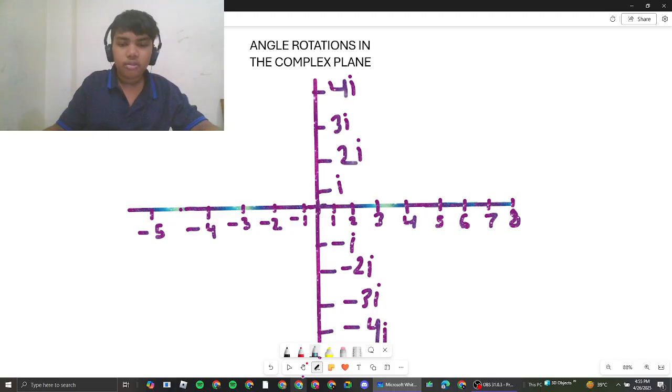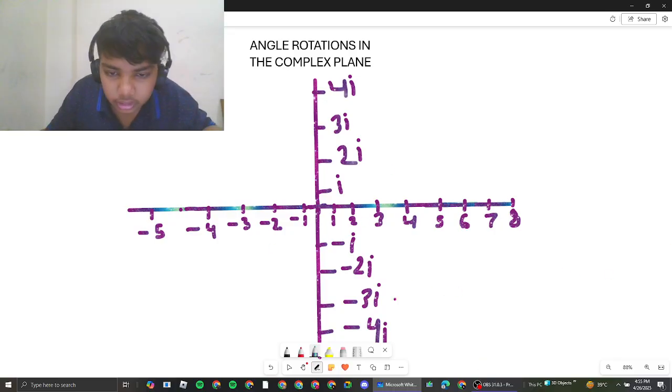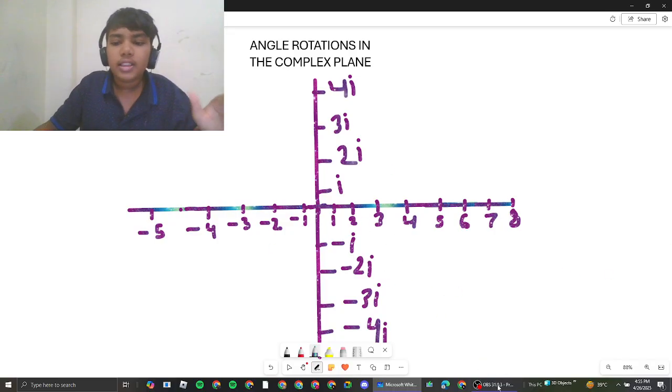Now I made the drawing a little better. I used a scale. So what is angle rotation?